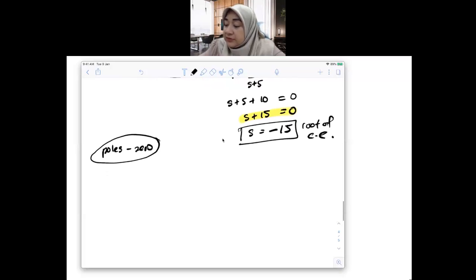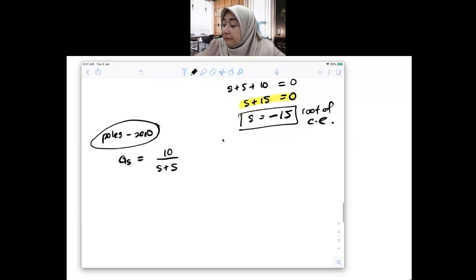From a transfer function, if I have a transfer function G(s) equal to 10 over s plus 5, this is not closed loop, just a transfer function G(s). If I put that in a closed loop system, I give input U, I give that transfer function G here, and then I give a feedback H, which is negative feedback.